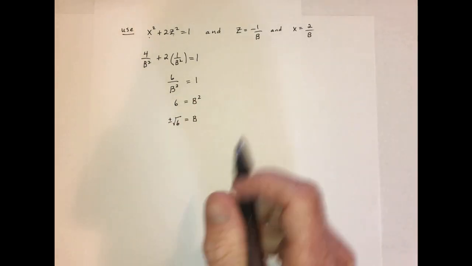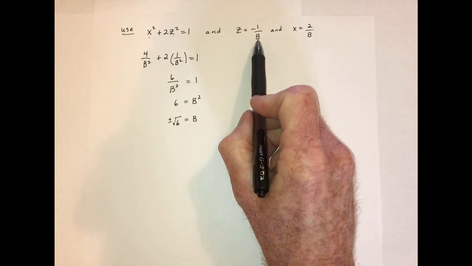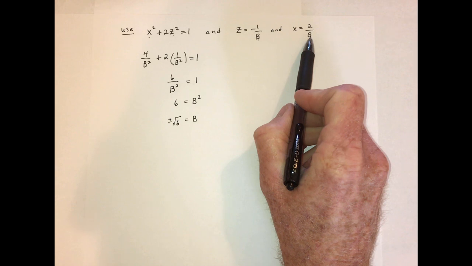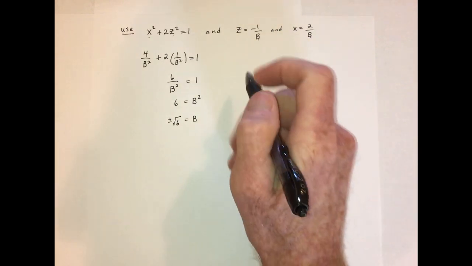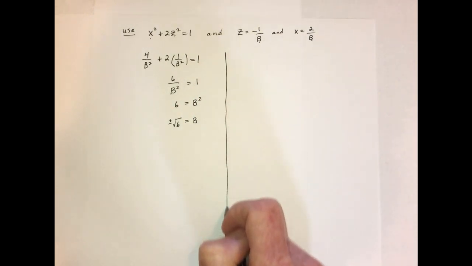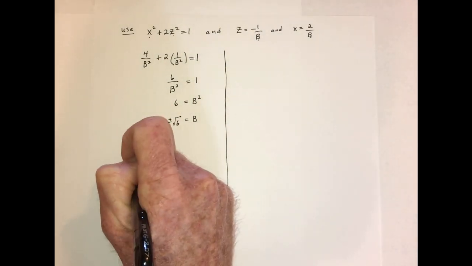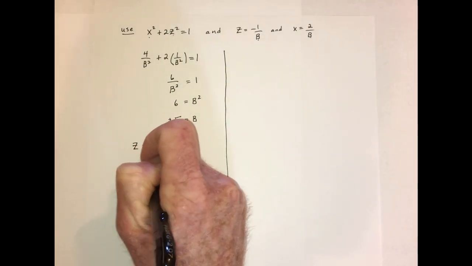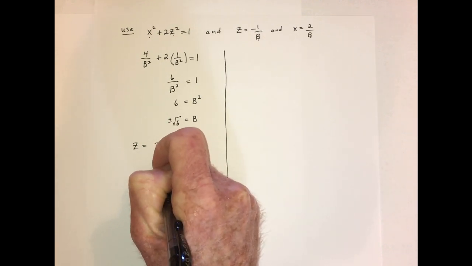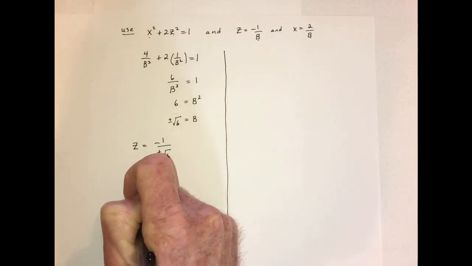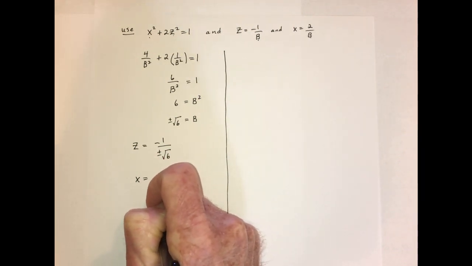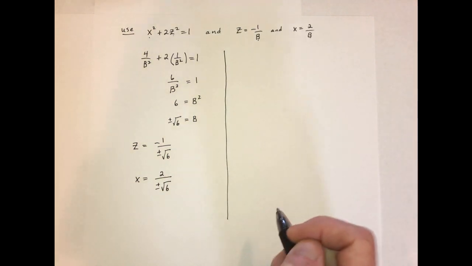All right, now we could substitute that in right there to find out what z equals, and right there to find out what x equals. So then z is equal to negative 1 over the b, so plus or minus the square root of 6, and x is equal to 2 over plus or minus the square root of 6.